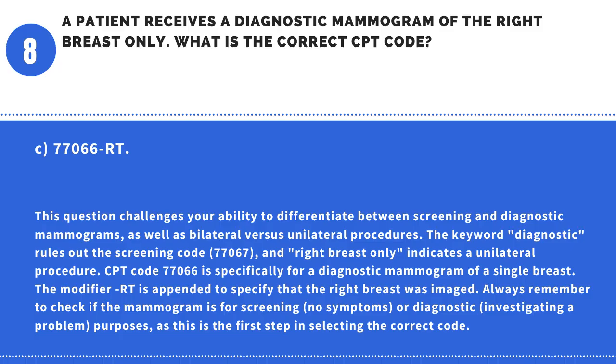CPT code 77066 is specifically for a diagnostic mammogram of a single breast. The modifier RT is appended to specify that the right breast was imaged. Always remember to check if the mammogram is for screening, no symptoms, or diagnostic, investigating a problem, purposes, as this is the first step in selecting the correct code.